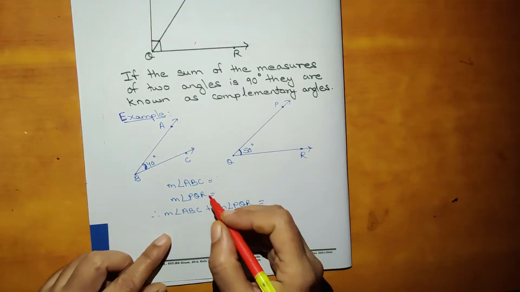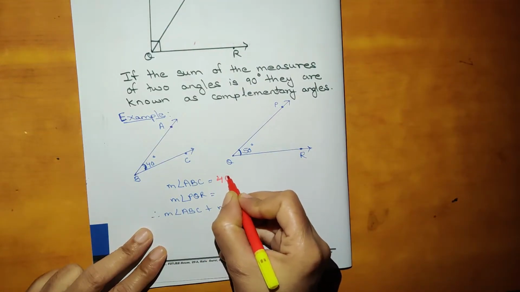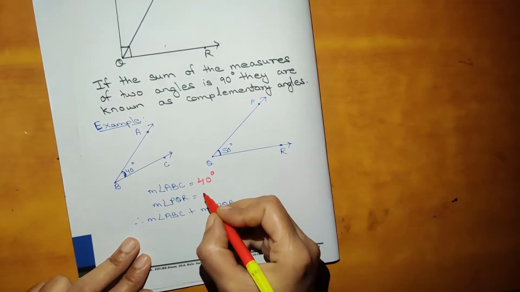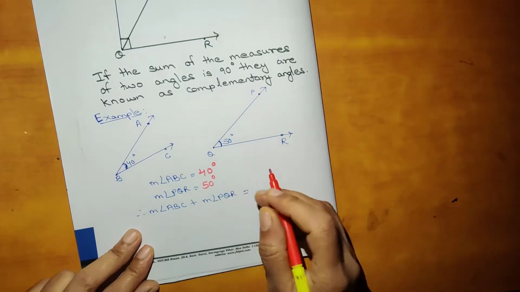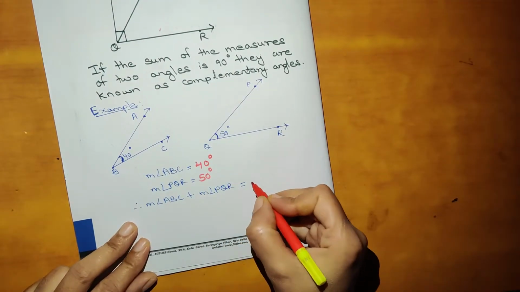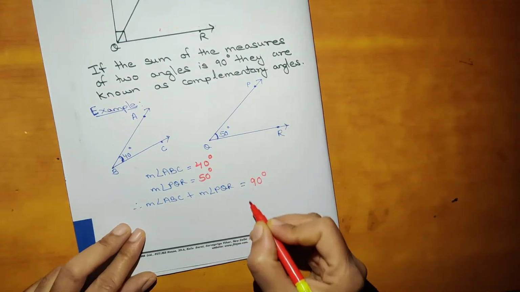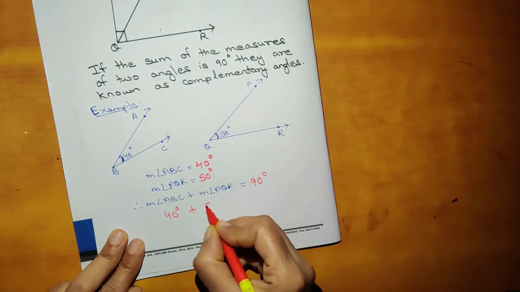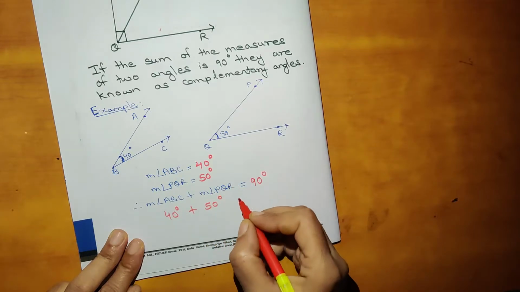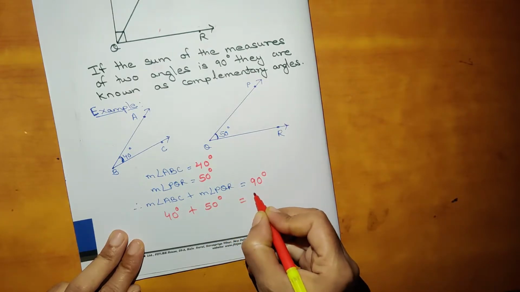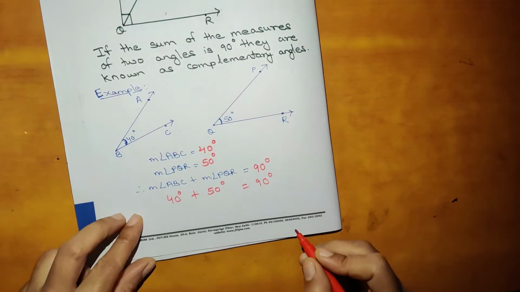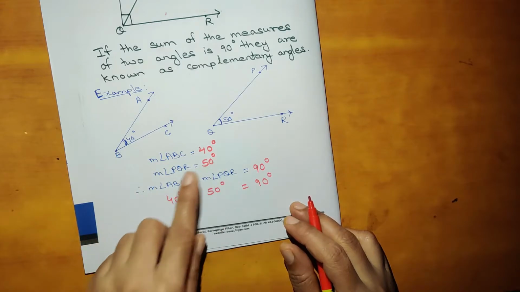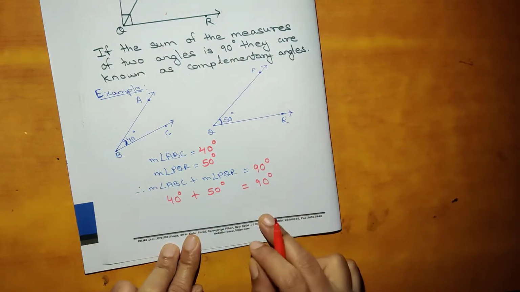If you add 40 plus 50 degree, you will get 90 degrees. That is, measure of angle ABC 40 degree plus measure of angle PQR 50 degree is 90 degree. So you can say that angle ABC and angle PQR are a pair of complementary angles.